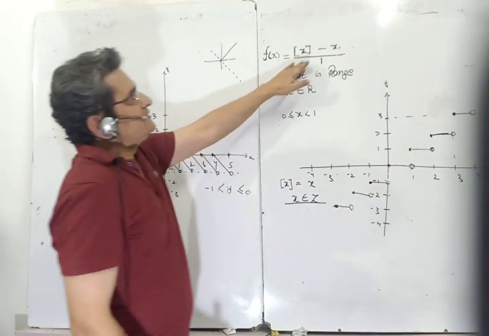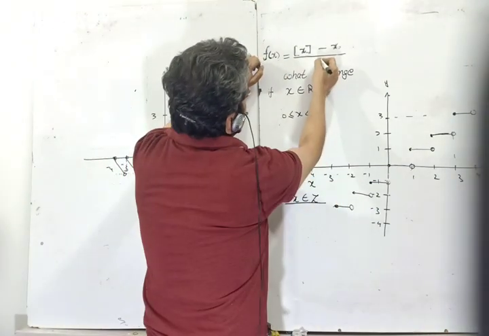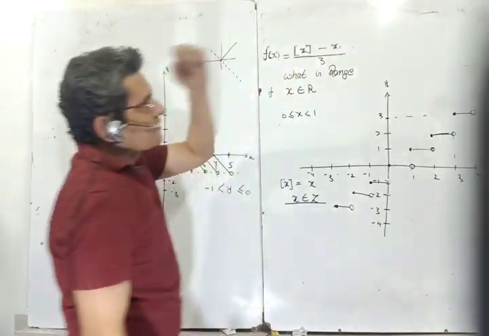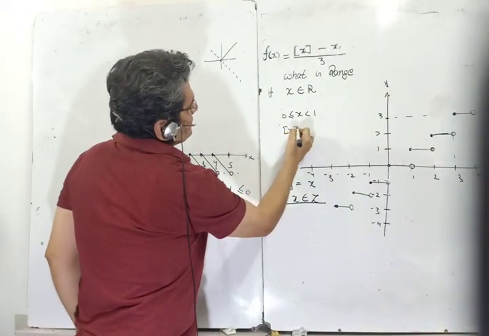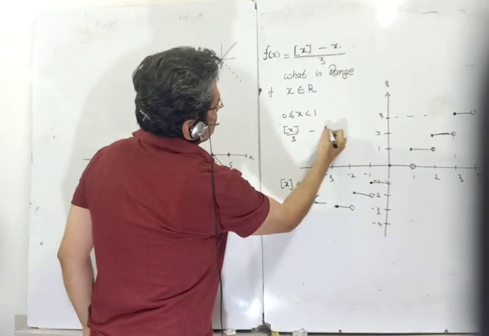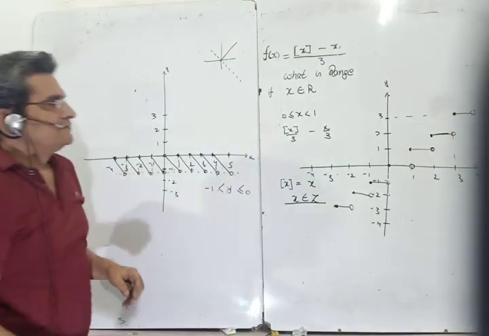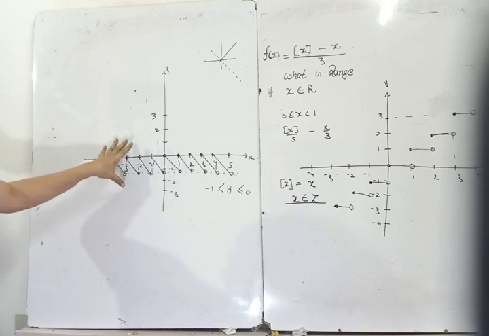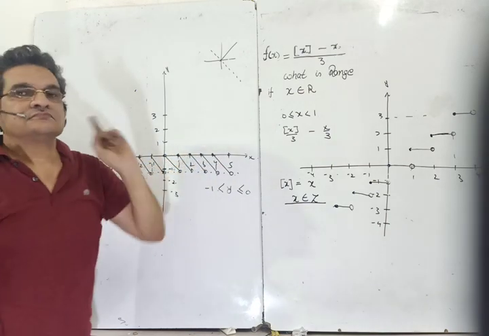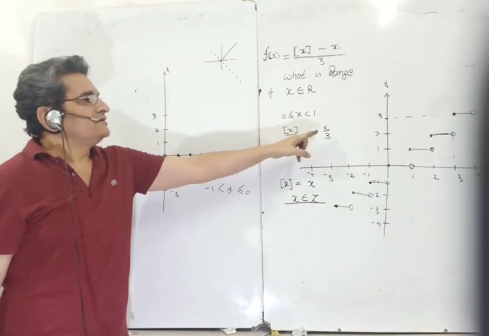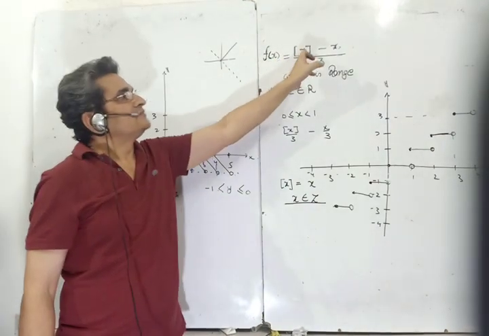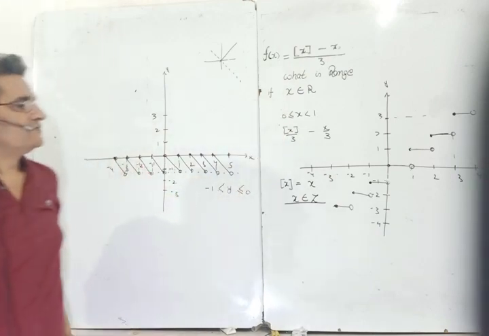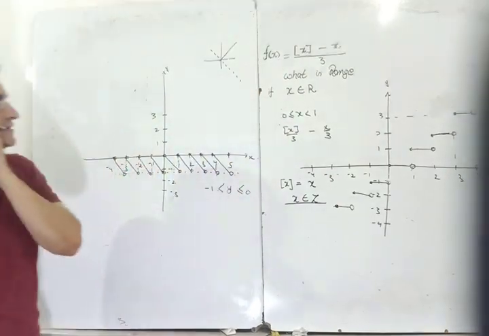If you divide this with a certain number, say 3, so it is actually box x upon 3 minus x upon 3. So at integers it is again 0. All the integers will again give you the 0 value because box x minus x is anyway 0, whether you write it like this or that way.